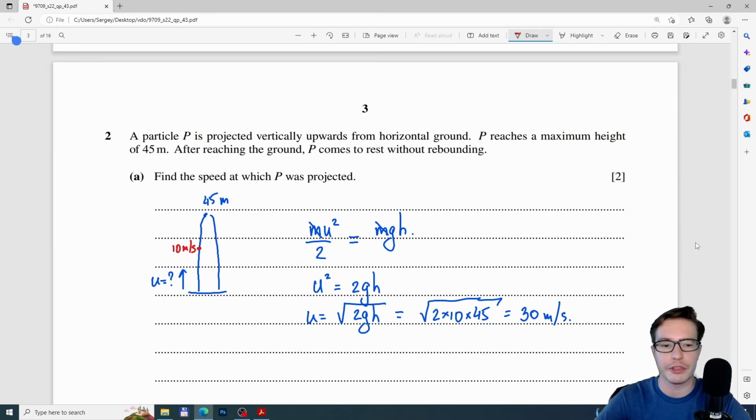And then it will reach the highest point, it will start falling down, and then at some point again, its velocity is going to be 10 meters per second. And after that, it's going to accelerate towards the ground. So now what I'm going to do is to find the time it takes to go from 30 meters per second to 10, and then we can multiply by 2 because the path of the particle is symmetrical.